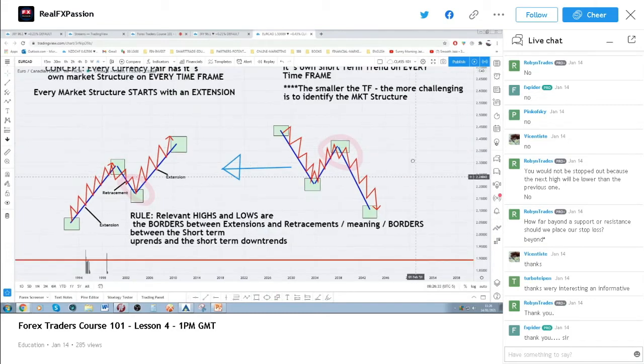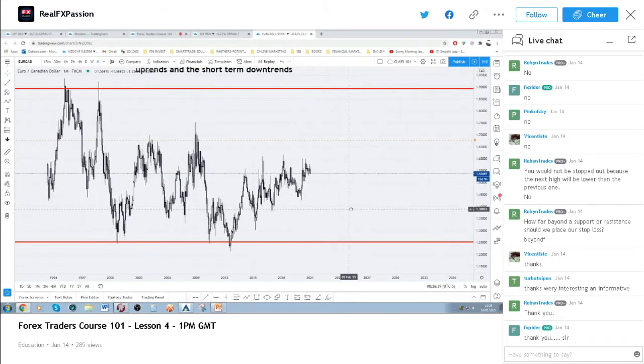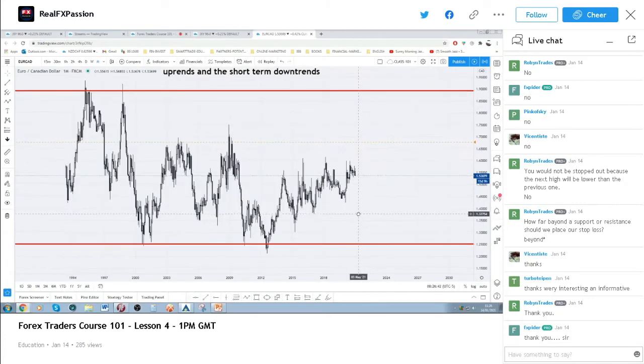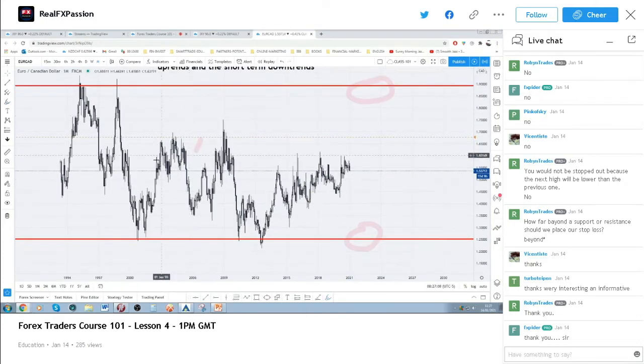Okay, we're going to check the chart, and today is EuroCAD. This is the monthly chart. For you, everybody, where should we start drawing our market structure? From the lower band, or should we start drawing our market structure from the upper band? If you learned something from the previous 2 days.